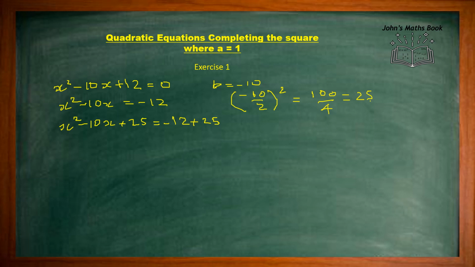So on the left hand side we have a perfect square trinomial which can be factorized as x, and then we take the value of b and we halve it. So x minus 5, and then we square that term, and that equals 25 minus 12, which is 13.